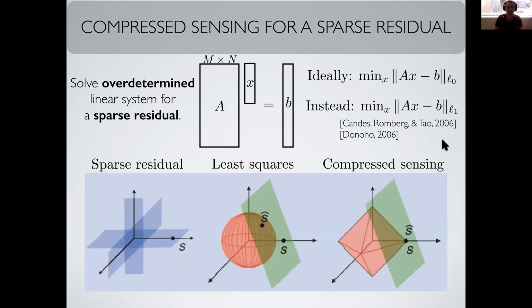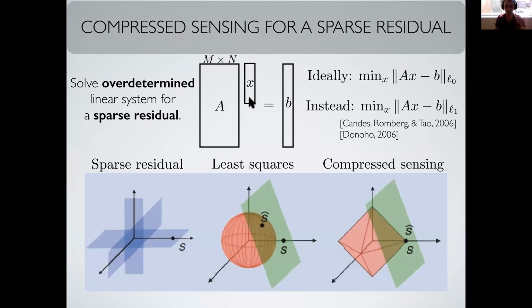Okay, so here's our setup. We were trying to understand this, and we had a feeling that it was connected to compressed sensing. Not quite the compressed sensing we've had with an underdetermined system, but one with an overdetermined system. Say I have an overdetermined linear system, a tall, skinny matrix A, and I'm trying to find this x.